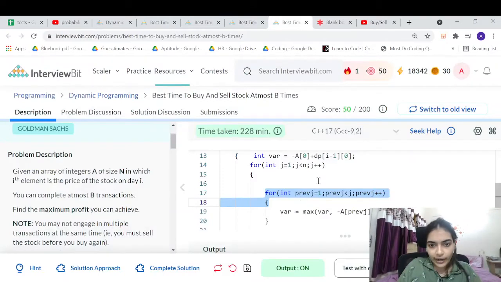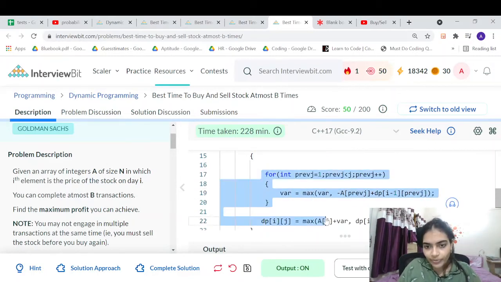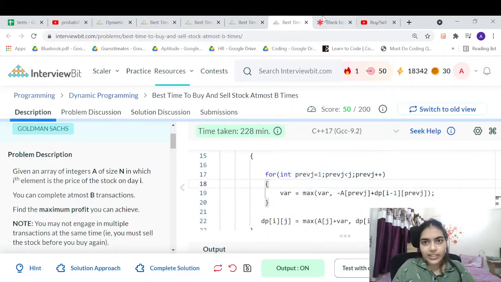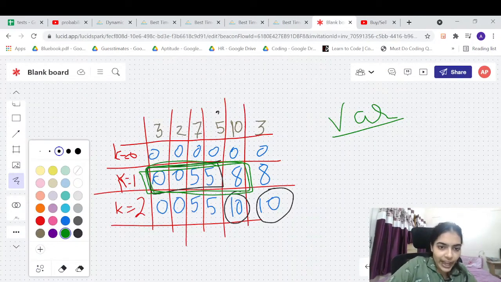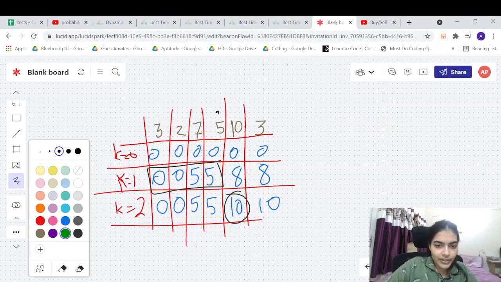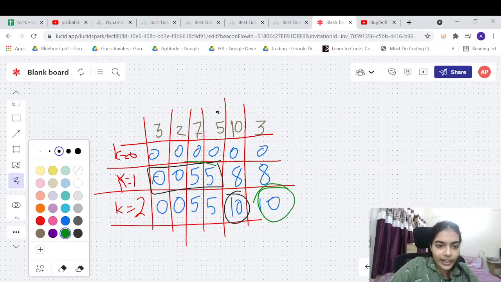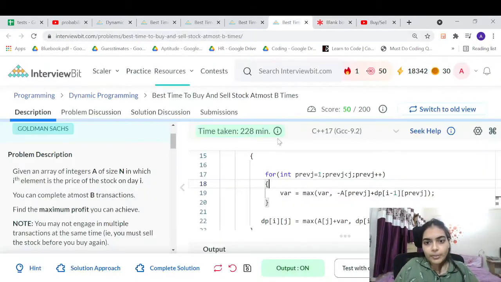We are trying to find this variable var, which is minus buy price plus the profit earned up till that day. So instead of this for loop, why are we calculating this value again? Haven't we already calculated the answer up to this point? Just one new value will suffice. No need to calculate for the entire array again. When we are calculating for 10, we already calculated the value for the previous array. So now when we are calculating for this cell, we already have the best possible value for the earlier cells, so we'll just check this value instead of checking the entire array. That is the optimization that we can do.